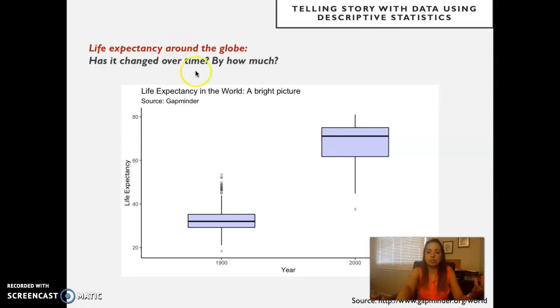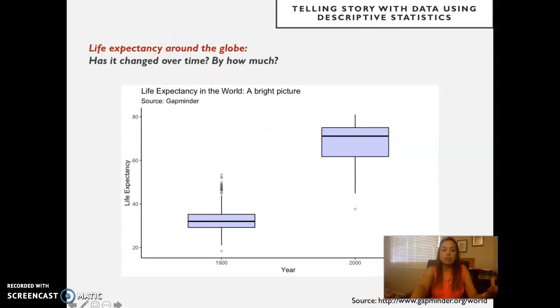Now, the other question that we had was if life expectancy around the globe is changing over time and by how much. So we can actually create box plots side by side if we use our categorical explanatory variable on the x-axis. So here we have 1900, here 2000, and we can see how it increased. See the median increase as we had discussed.